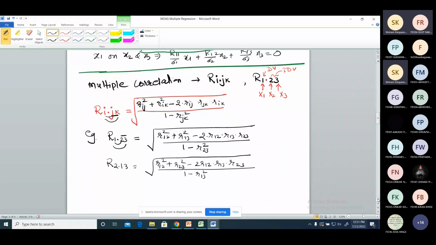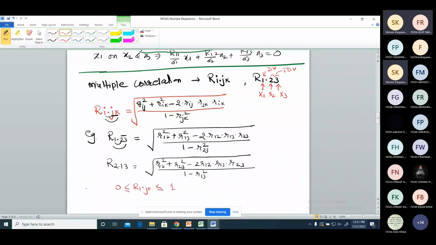Some points I have to tell you about the multiple correlation coefficients. Multiple correlation coefficients always lie between 0 and 1.